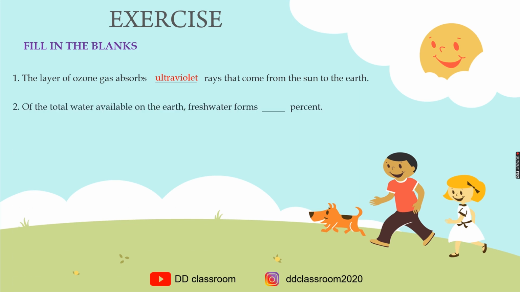Second, of the total water available on the earth, fresh water forms dash dash percent. Answer is 0.3%. Third, both dash and dash constituents are present in the soil, and the answer is biotic, abiotic.